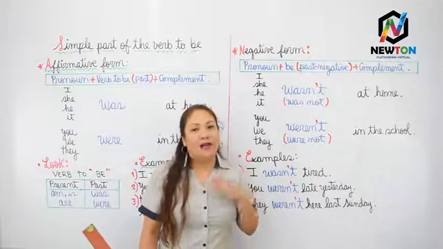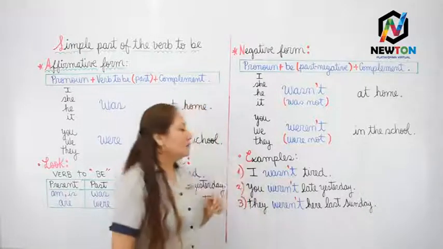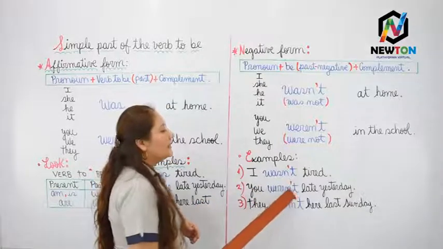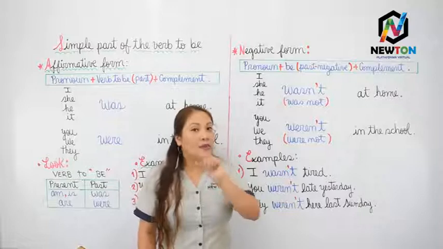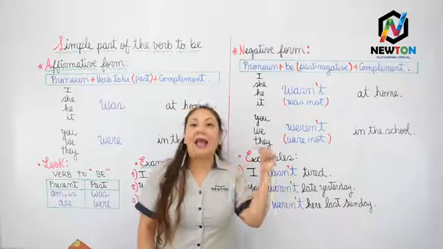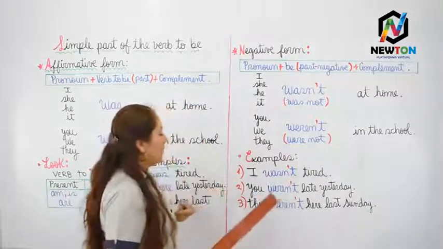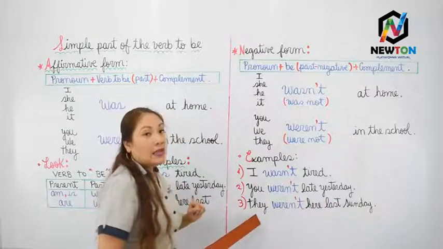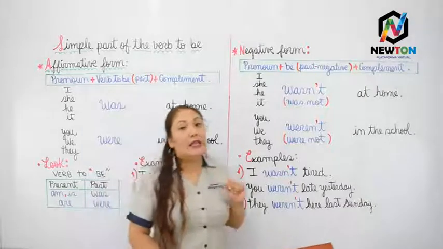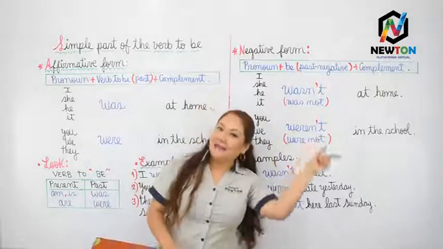Yo no estaba cansado. You weren't late yesterday. Tú o ustedes no llegaron tarde ayer. They weren't here last Sunday. Ellos no estuvieron aquí el domingo pasado.